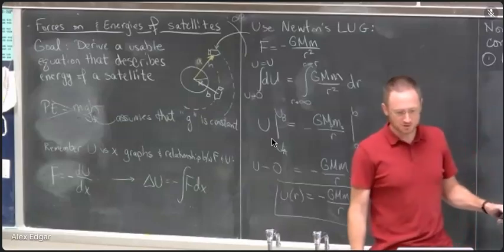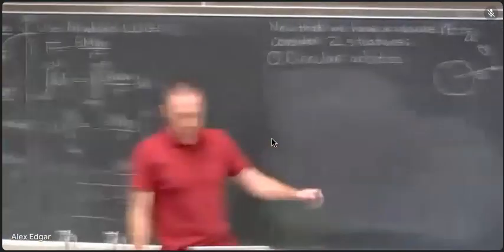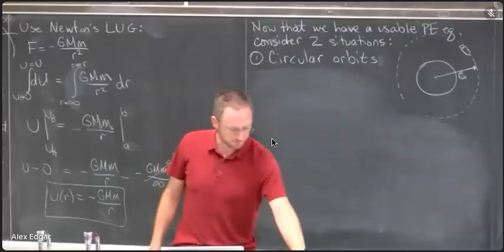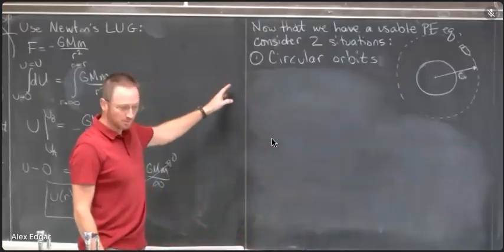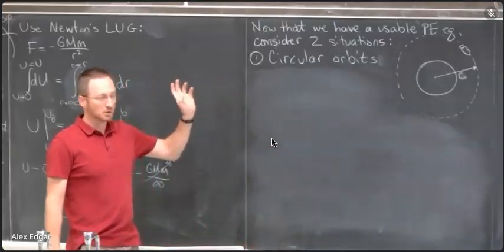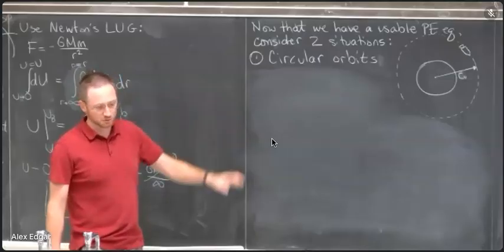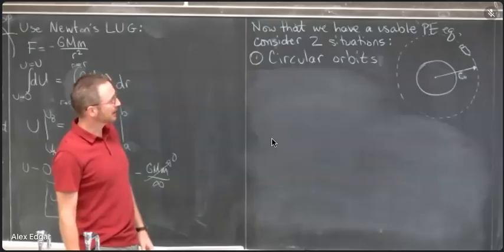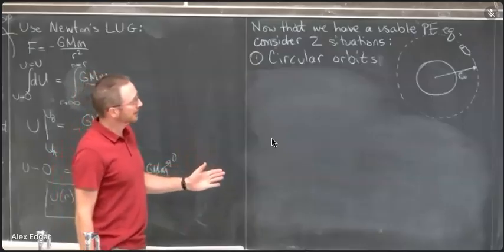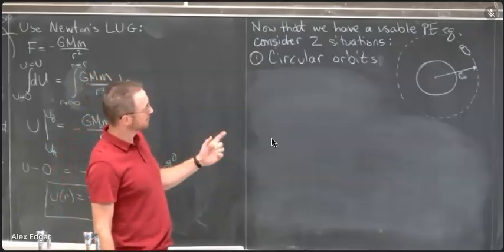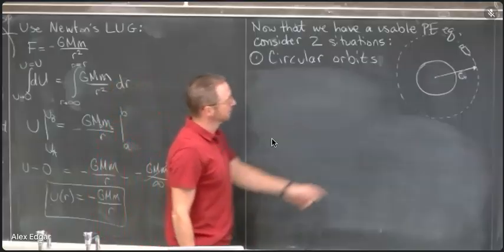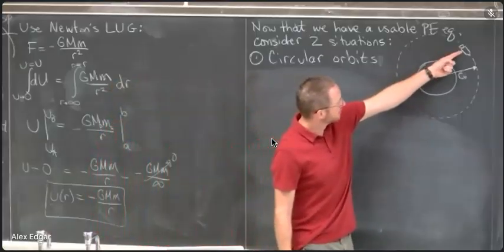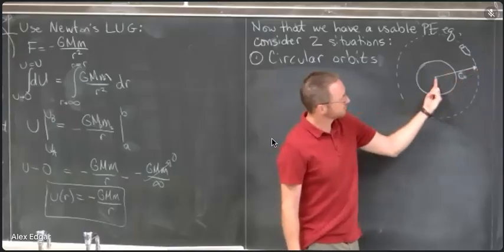Now, let's use this to analyze two situations. We're going to start with circular orbits, and then in a little while, we will look at non-circular orbits when we look at Kepler's laws. But for right now, let's pretend that you have a satellite in circular orbit around a planet. So here's our rocket at a radial distance from the center of a planet.